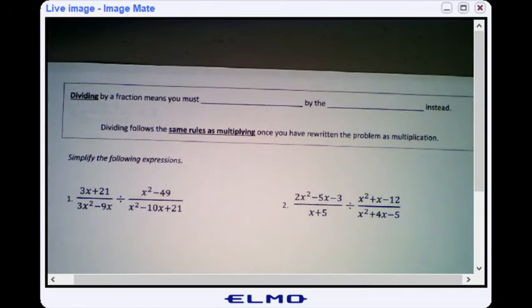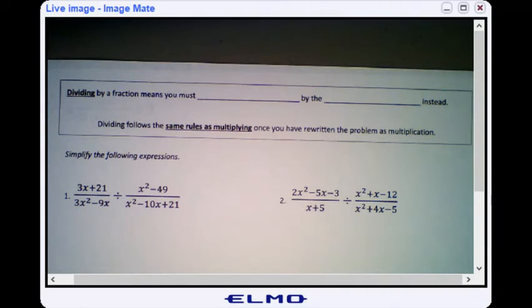When we're dividing by a fraction, that means you must multiply by the reciprocal instead.